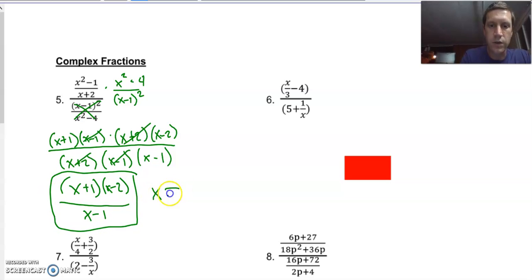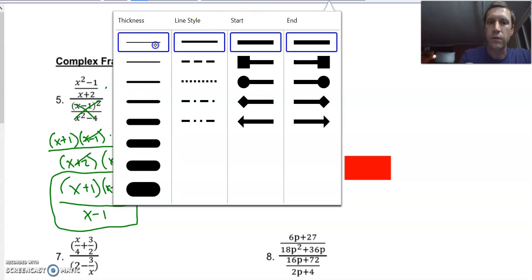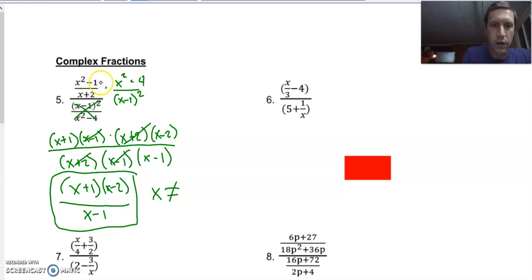Then I'll list my restrictions. Keep in mind, the restrictions come from 3 different places. We have restrictions from everything but the first numerator. I get restrictions from here because that's a denominator, and from here because that's a denominator. Also, this x squared minus 4 was a denominator to start with, so I get restrictions from there.